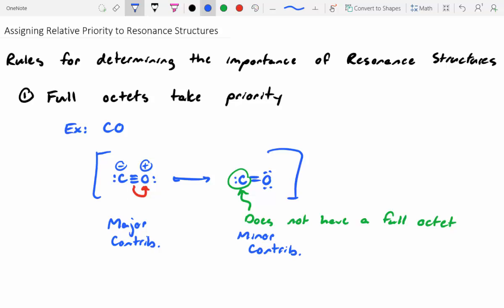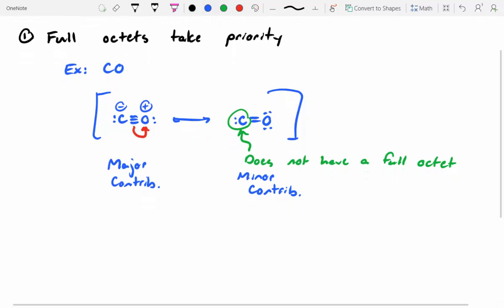So this is the first thing to check for. Your major contributor, if there is one that has a full octet, will be assigned as the most important resonance structure. That leads to tiebreaker rules.